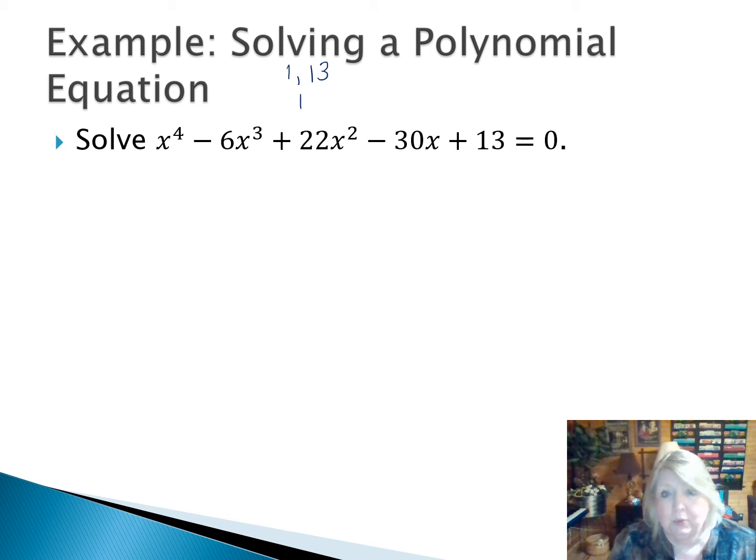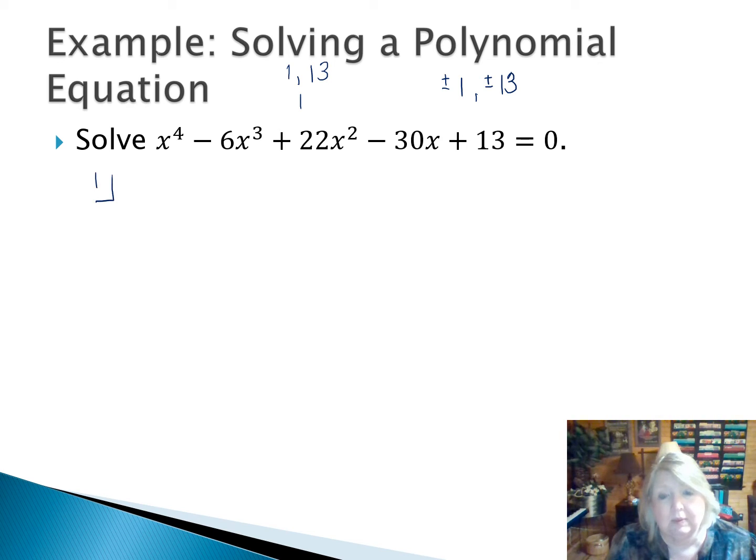So 1 over 1 and 13 over 1, but I've got to consider both positive and negative. So I have a total of 4 numbers that could be rational roots. And guys, if I don't find a rational root, I've got a mess here to try to solve. So I'm hoping that one of those will work.